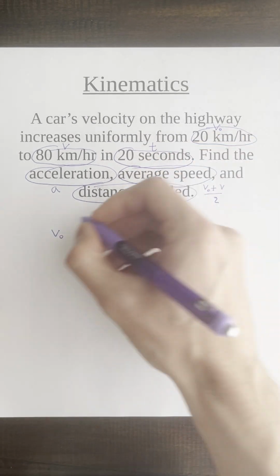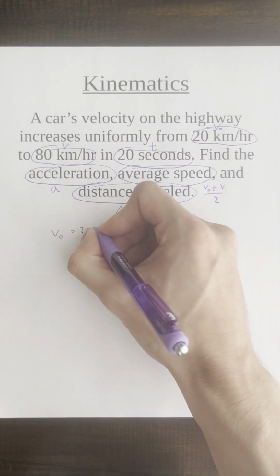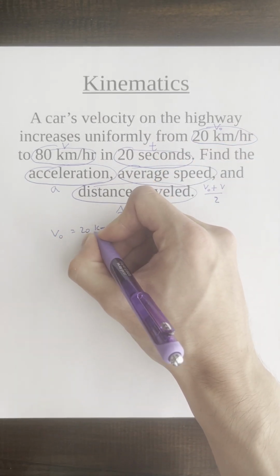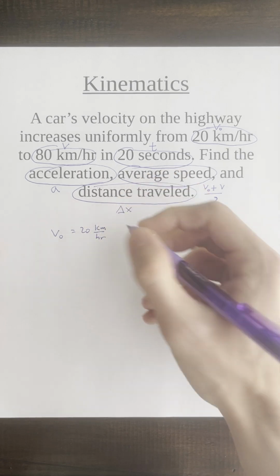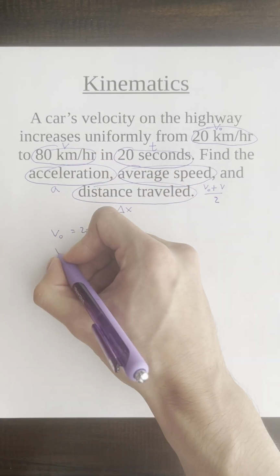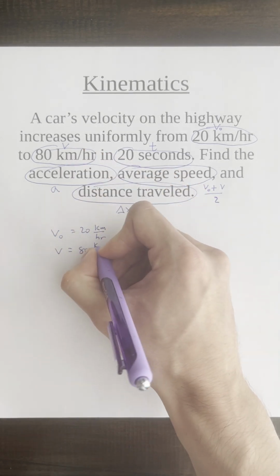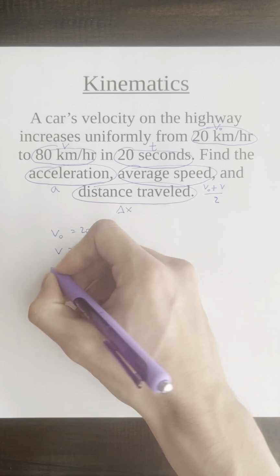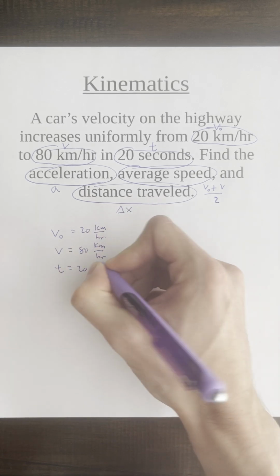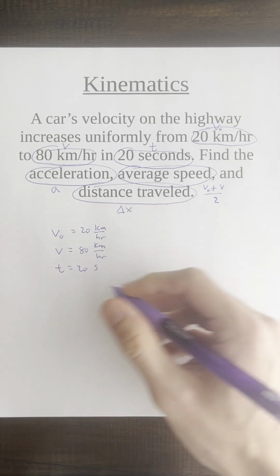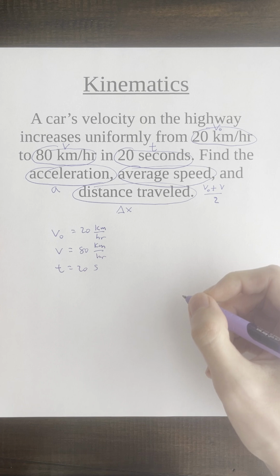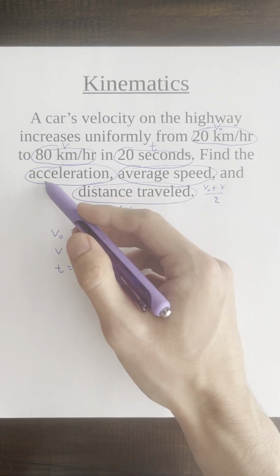Okay, so I'm going to copy the information they gave us real quick. V naught is equal to 20 kilometers per hour. V is 80 kilometers an hour. And T is equal to 20 seconds. Okay, so let's start by finding the acceleration.